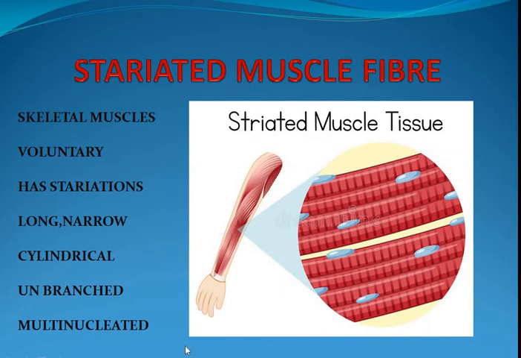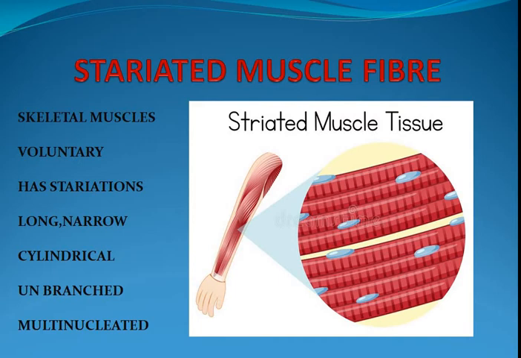Let us start with the striated muscle fibers. These striated muscle fibers are attached to the bones by tendons, and we have read about tendons in the connective tissue. They join bones to the muscles.